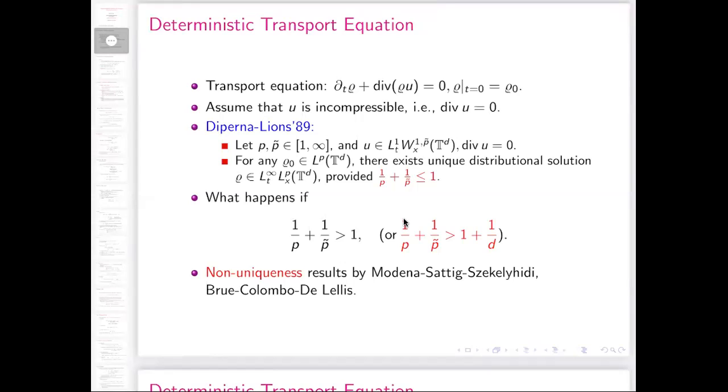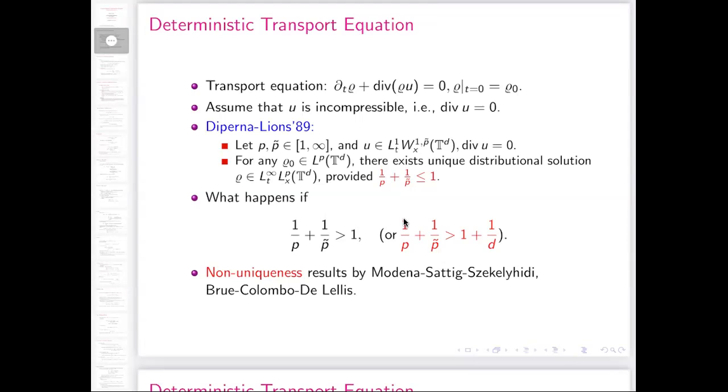So if I give you these p and p tilde and a u like this, then if you start with any density which is in Lp, DiPerna–Lions' result states that you have a unique solution. Unique distributional solutions, if you are not aware, is very simple: it's like a weak solution for this equation.